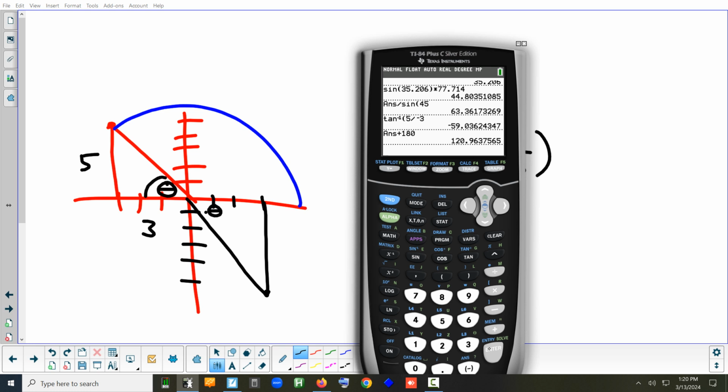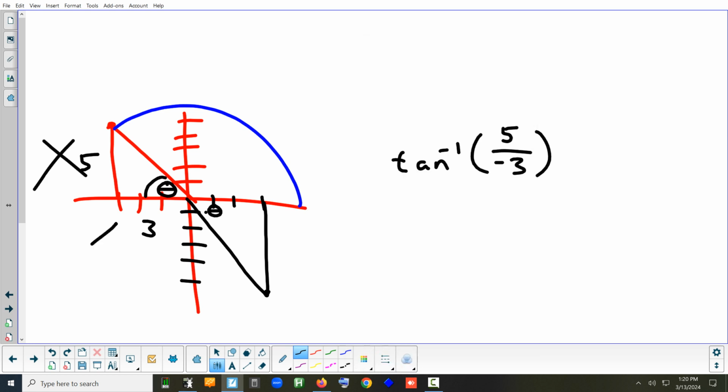So the trick is when you're in this quadrant or this quadrant, the calculator is not going to give you answers in those spots. It's going to give you the answer halfway around in the other quadrant. If you want a quadrant 3 answer, the calculator is going to give you the quadrant 1 answer, because it can't give you an answer beyond 90. It's not the way it's programmed to work.